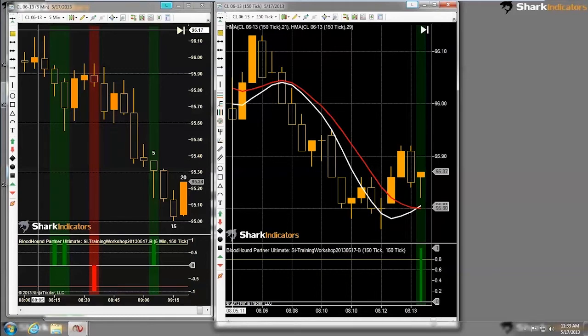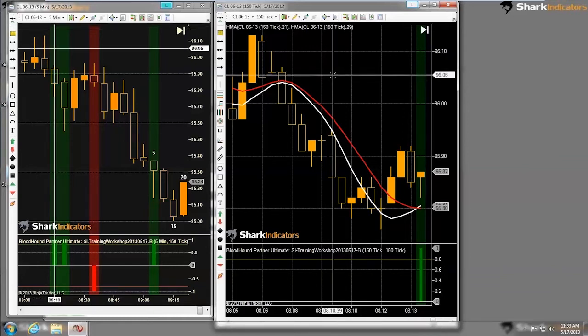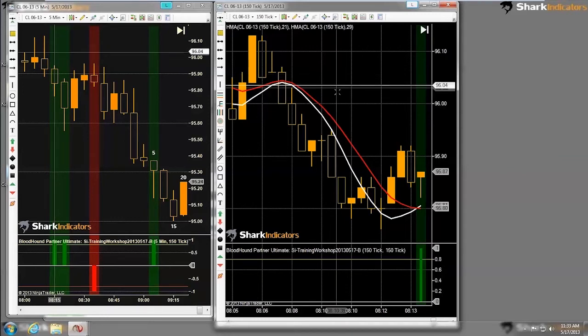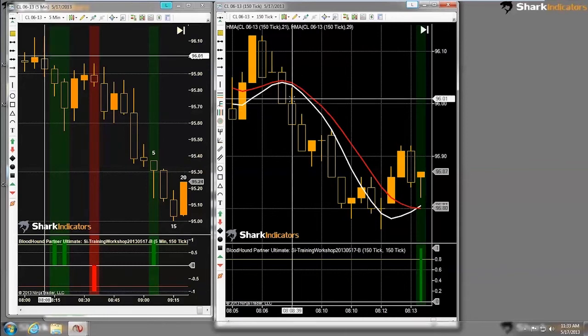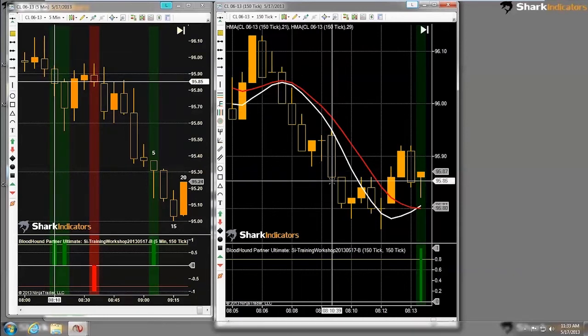But really the concept is that a 5-minute chart and a tick chart don't synchronize. The tick chart is going to vary depending on volume. So in some instances, your tick chart could be a lower time frame chart, or it could become a higher time frame chart depending on how much volume is going through that instrument at any one time.